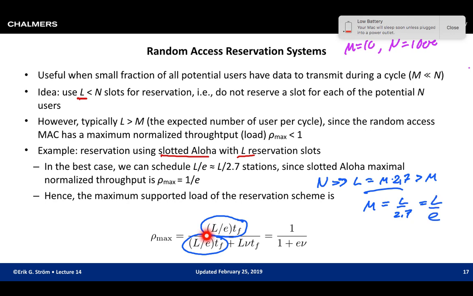So we schedule L over e users. All of them transmit a frame of length TF. So the data part is L over e times TF. And then the reservation part is L mini slots, so it's L times nu times TF. And if we divide through, we get this.